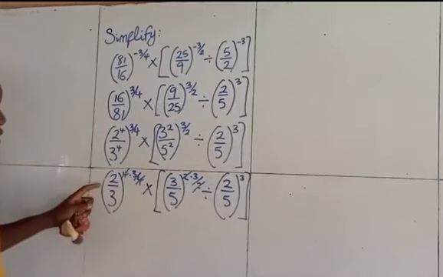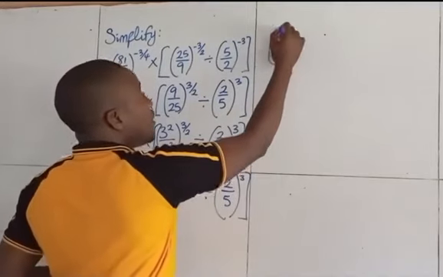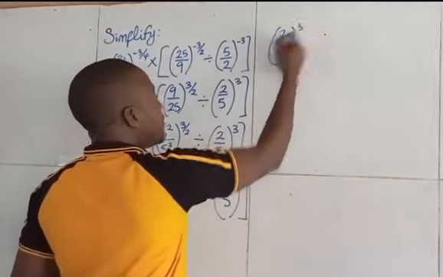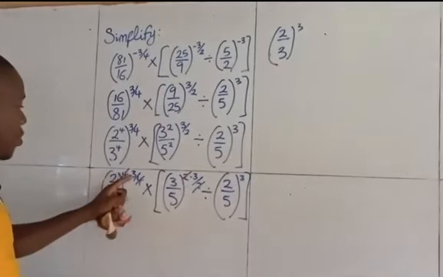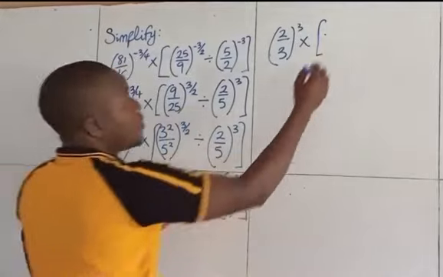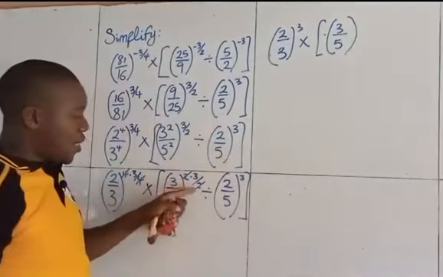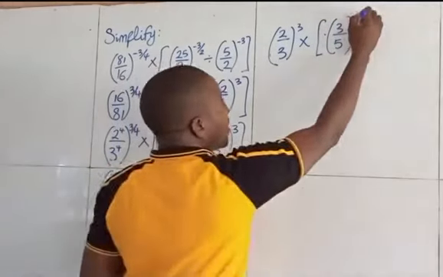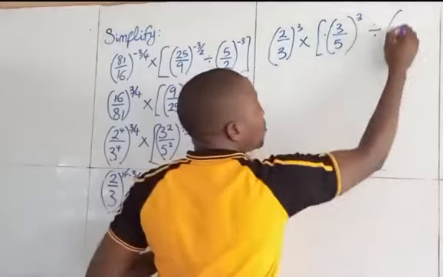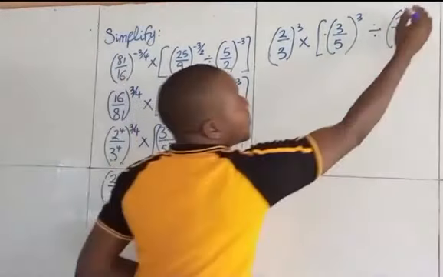So we have 2 over 3 raised to the power 3 left from this side. 2 over 3 raised to the power 3 times a bracket, we have 3 over 5. We've cancelled 2 and 2, so raised to the power 3 is left, and then divided by 2 over 5 raised to the power 3.